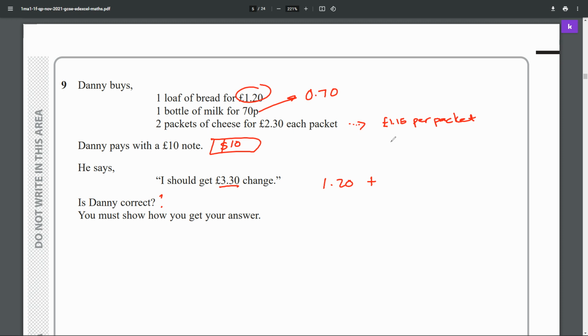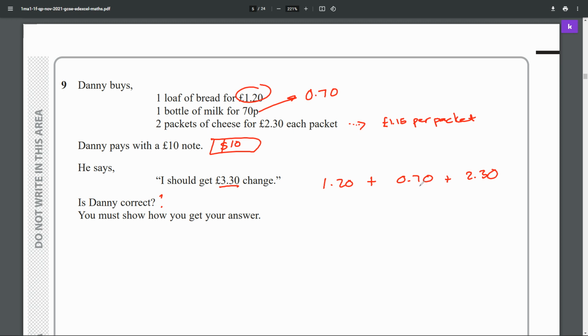And that's going to be 0.70, like that. And then I add £2.30, so 2.30. And I've now got to add all of this up.